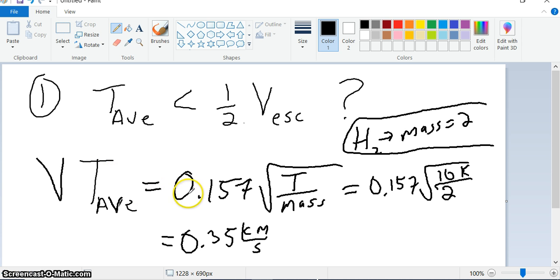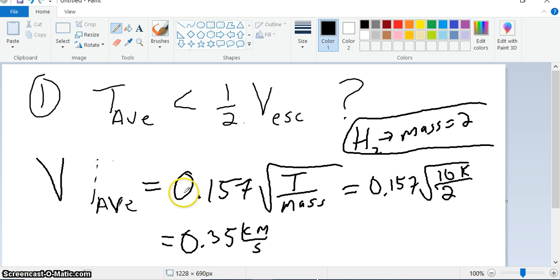Okay. So this velocity here. I should erase this part. Right. It's not really the temperature here, but it's dependent on the temperature. Okay. So it's really the average velocity of the molecules.